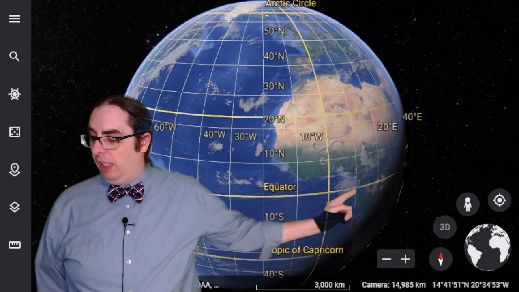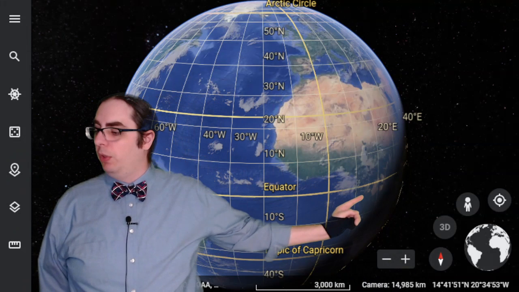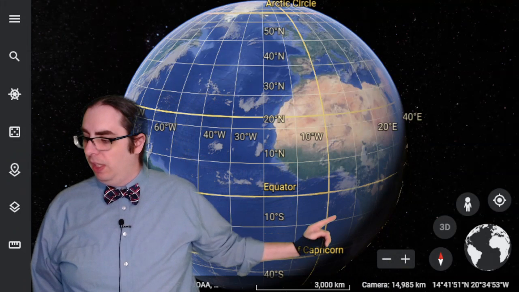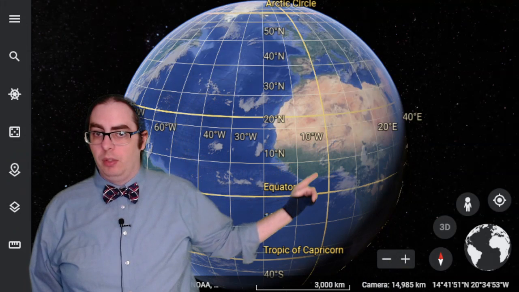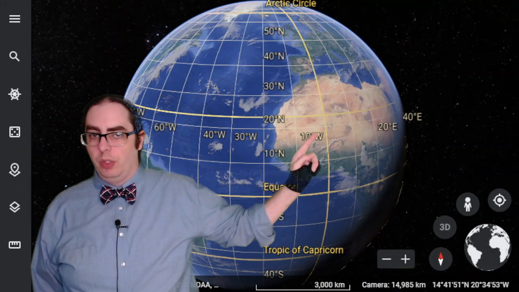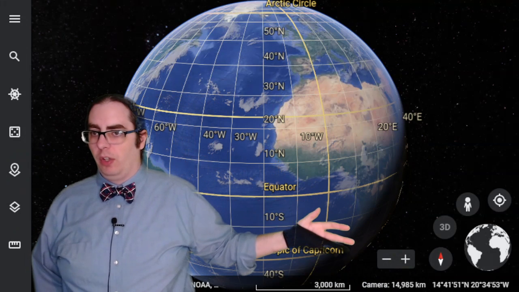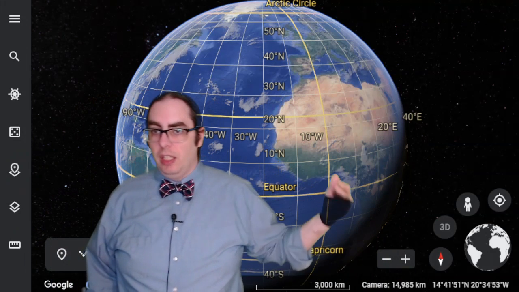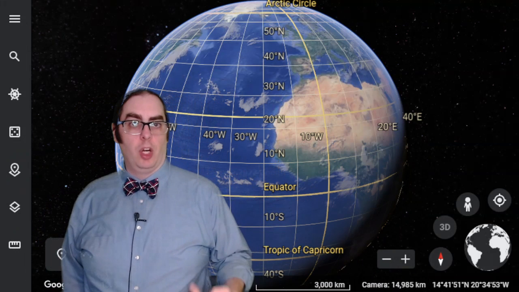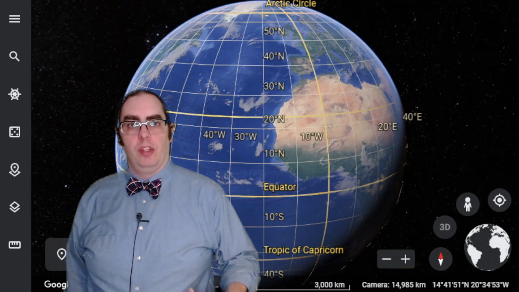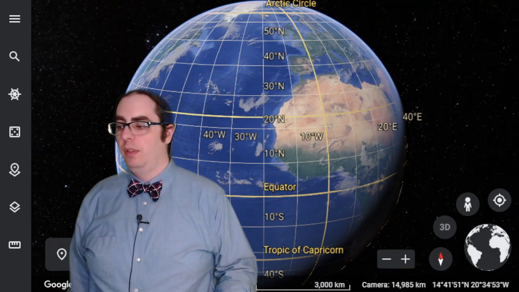This is the equator, which is 0 degrees of latitude, and the prime meridian, which is 0 degrees of longitude. 0 degrees of latitude was picked because the center of the Earth is something we can define geometrically. 0 degrees of longitude was picked very arbitrarily to be the city where this standard was developed.